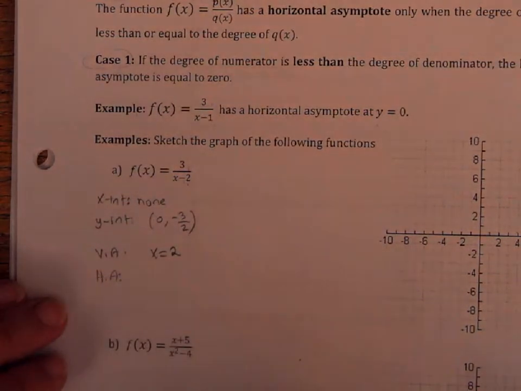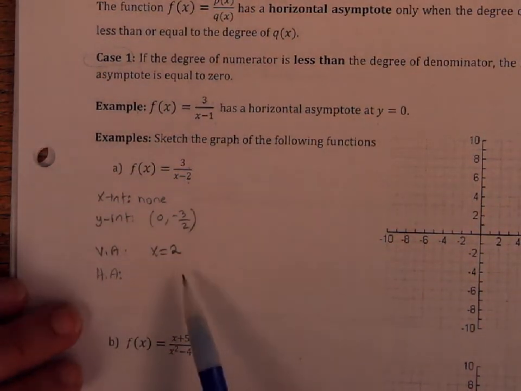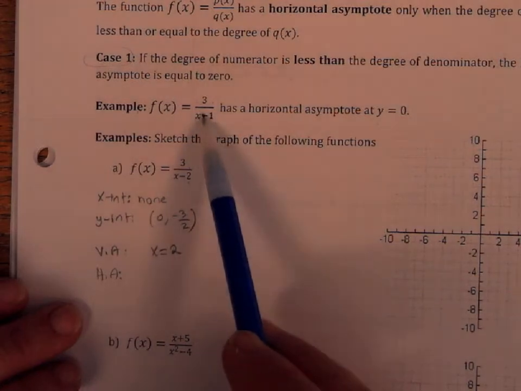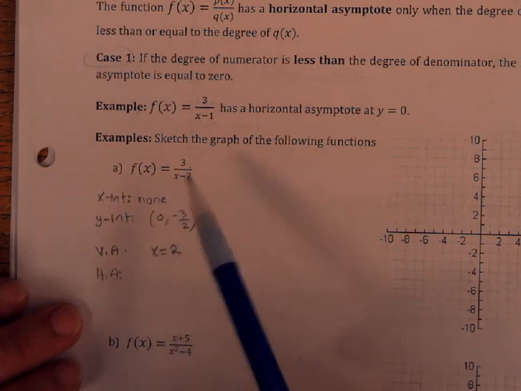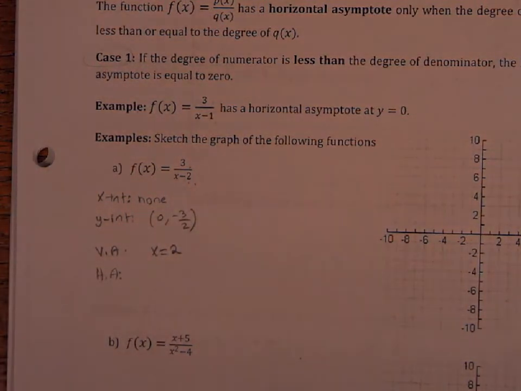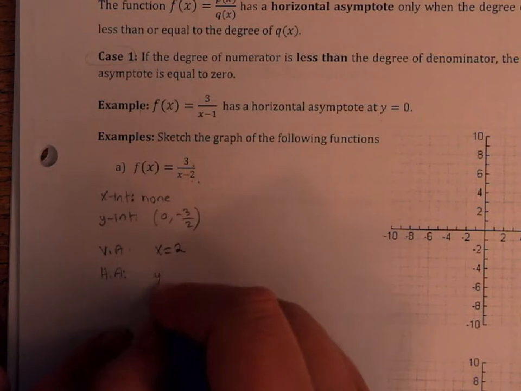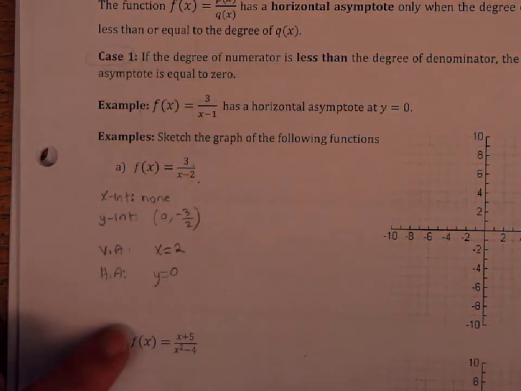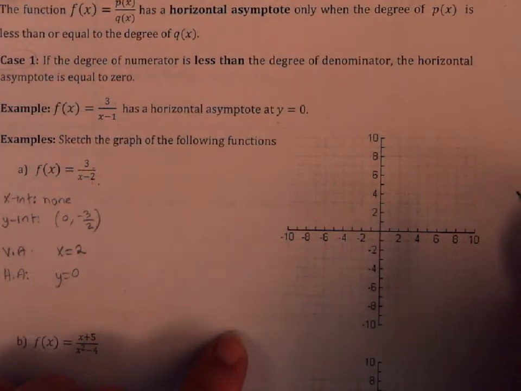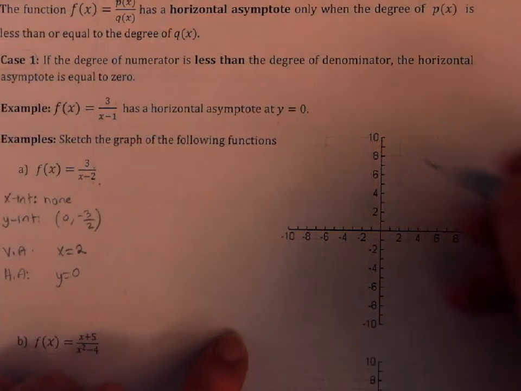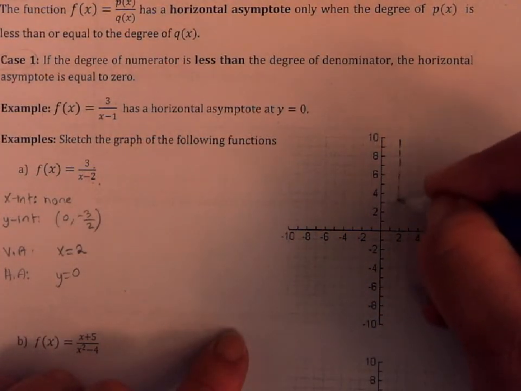Now horizontal asymptote. So the degree of the numerator is 0. The degree of the denominator is 1. So the degree of the numerator is less than the degree of the denominator. So you have a horizontal asymptote at y equals 0. Okay. So let's put those in our graph. So we have a vertical asymptote at 2.